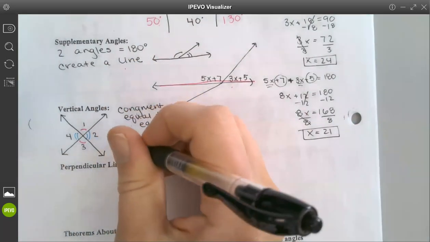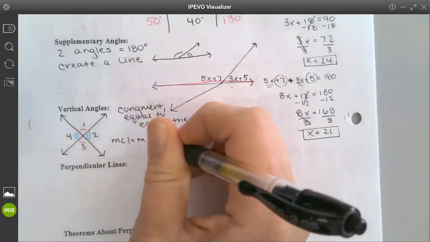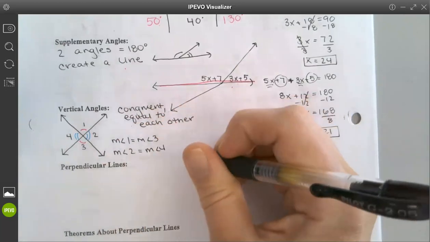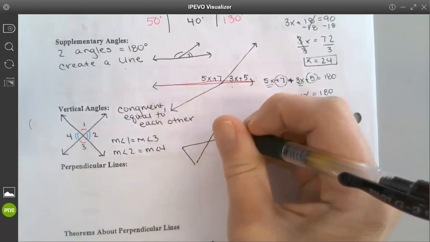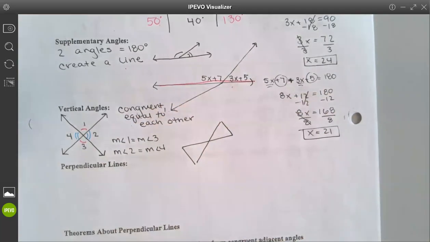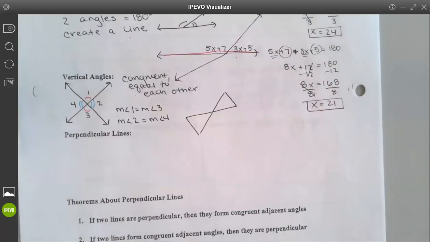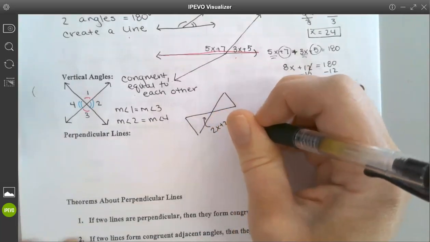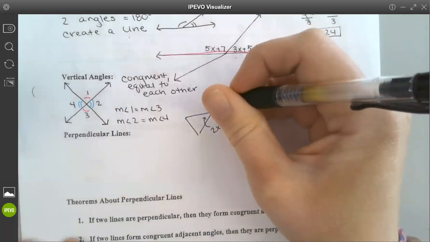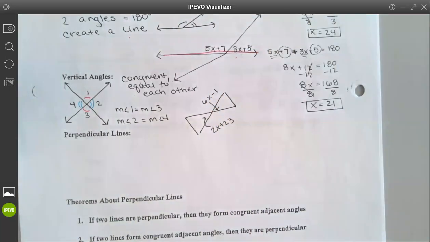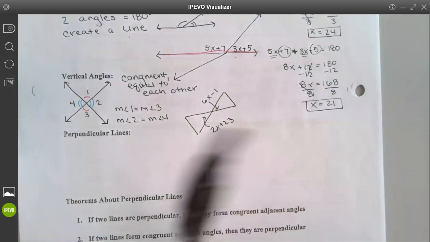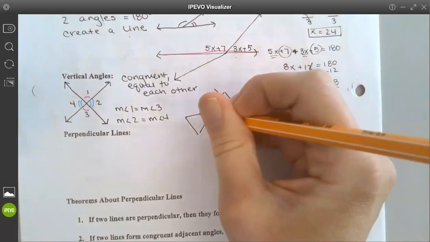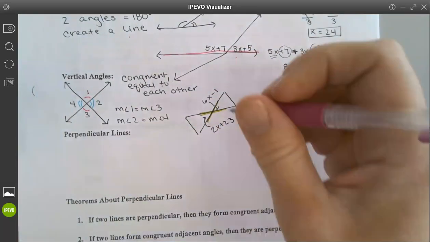And I'll give you an example too. Measure of angle 2 equals the measure of angle 4. Sometimes this looks like this, and not just two lines intersecting. Sometimes it's like triangles that meet. And if I know that this is 2x plus 23, and this is 6x minus 1, anytime we have this X that's created when lines crisscross, that's giving me vertical angles.